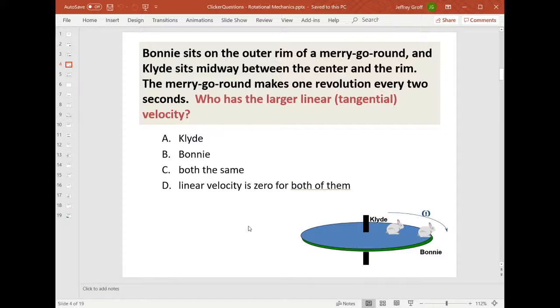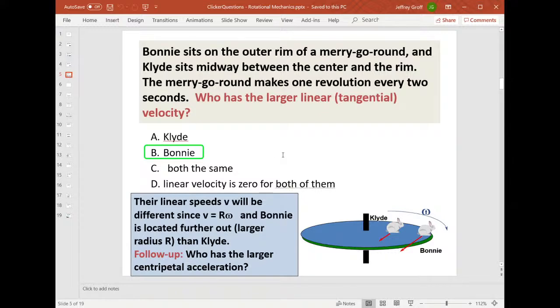It would be meters per second. So who has the larger linear speed in meters per second? All right, you guys love B, which is the correct answer.